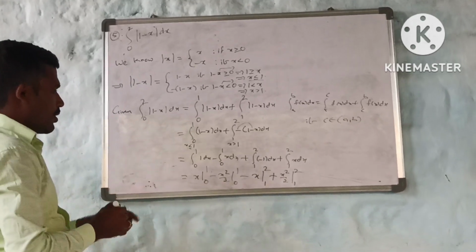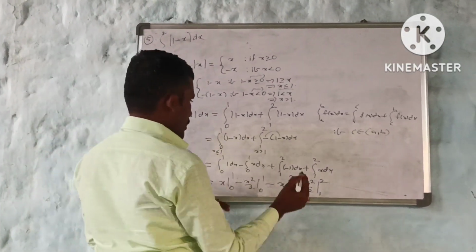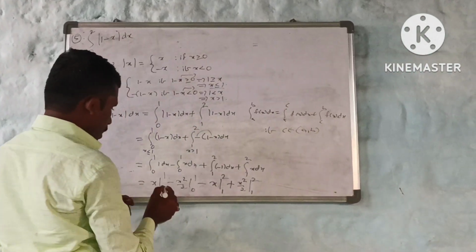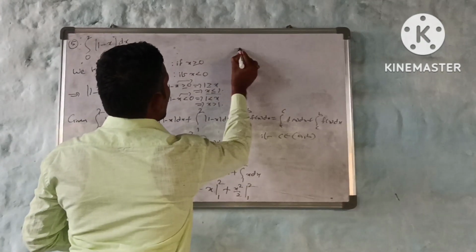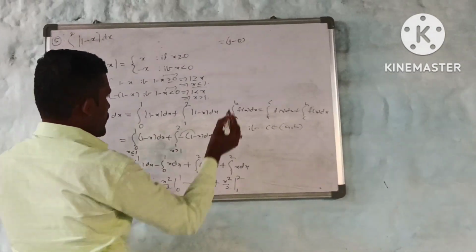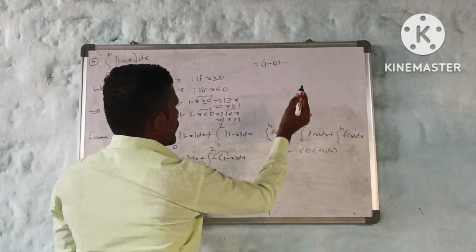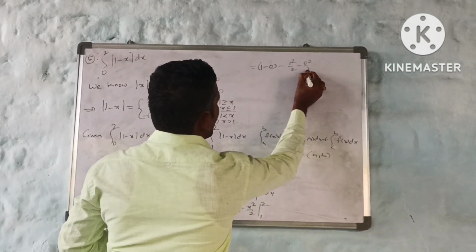Now we have to substitute upper limit minus lower limit. In the first term we get 1 minus 0. Minus, for the second term, upper limit minus lower limit: 1 square by 2 minus 0 square by 2.